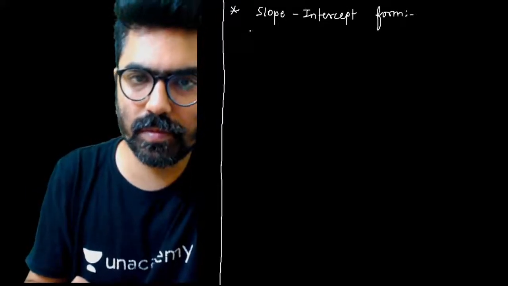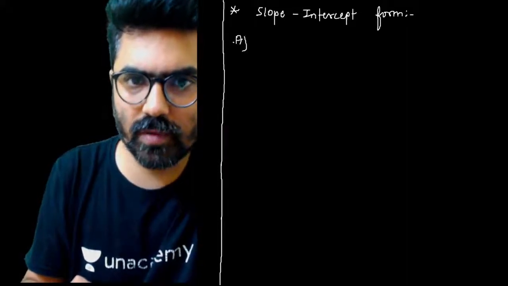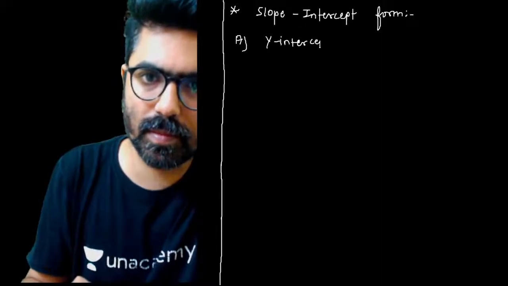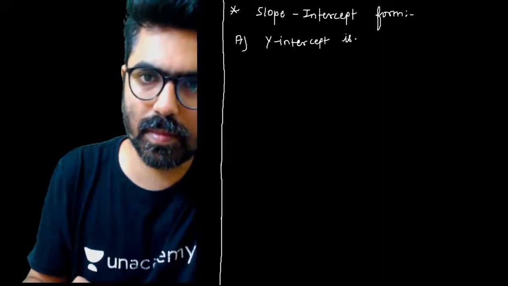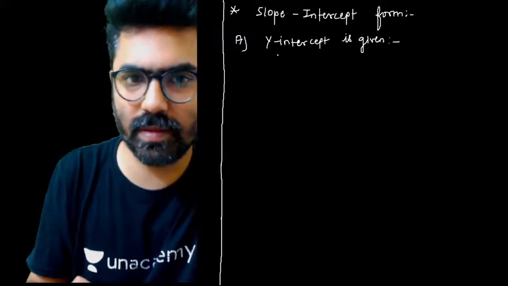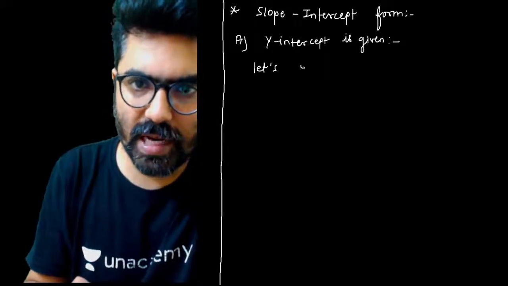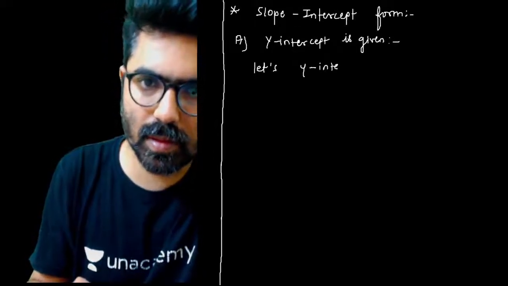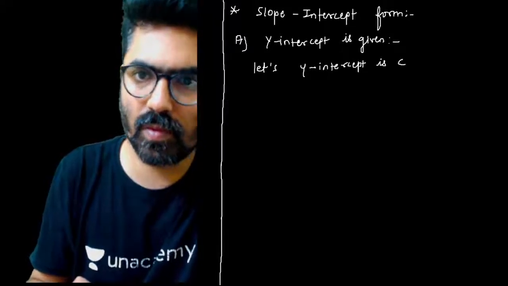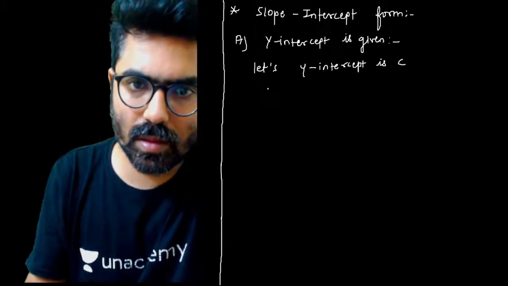Slope intercept form. Here we'll start with the first part of this, when y-intercept is given. So let's assume that y-intercept is C. What is intercept?